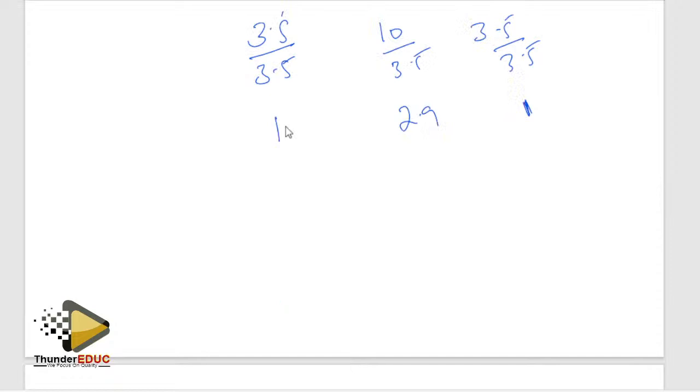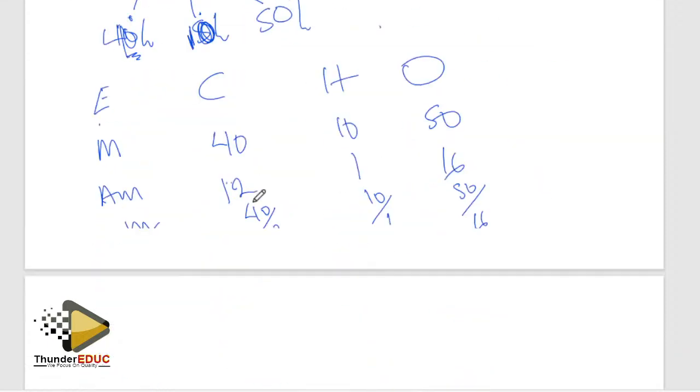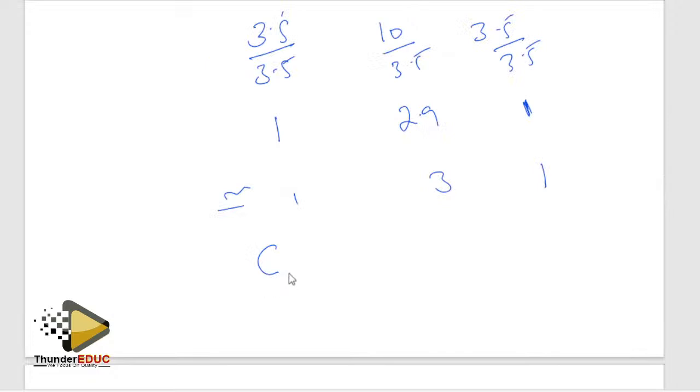So this is approximately 1, this is approximately 3, and this is approximately 1. Now you substitute: C is 1, H is 3, and oxygen is also 1. That's the empirical formula of that structure.